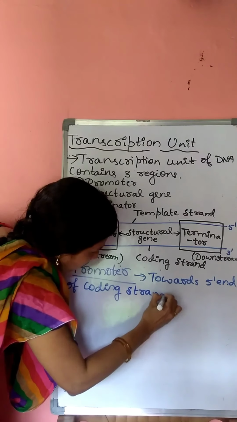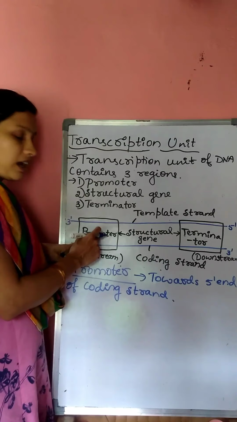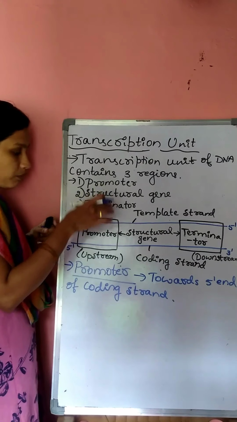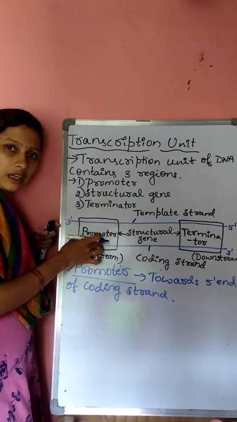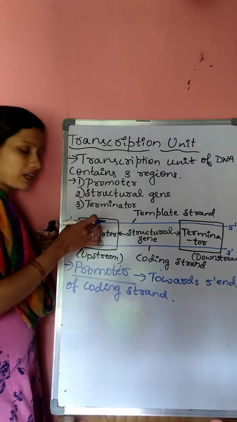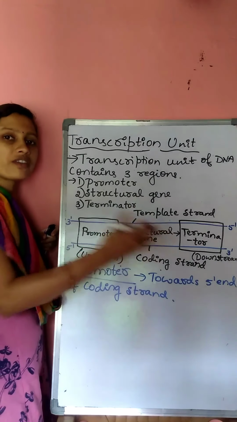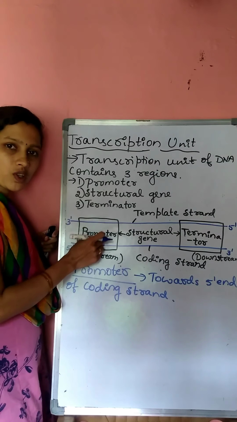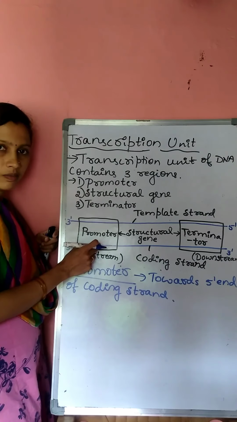And promoter is the site where DNA dependent RNA polymerase enzyme binds and initiates the process of transcription. It is the site where the process of transcription begins.